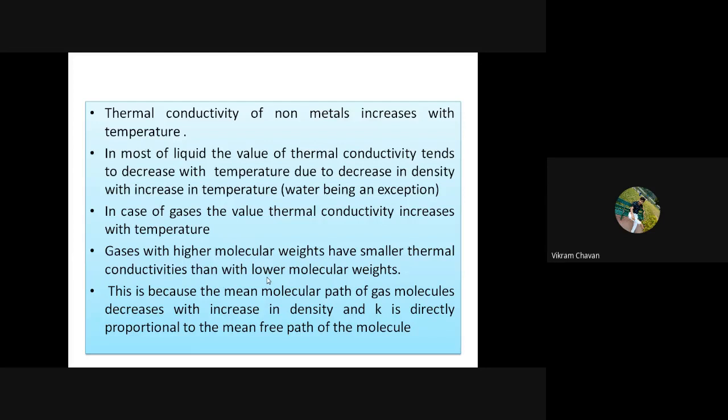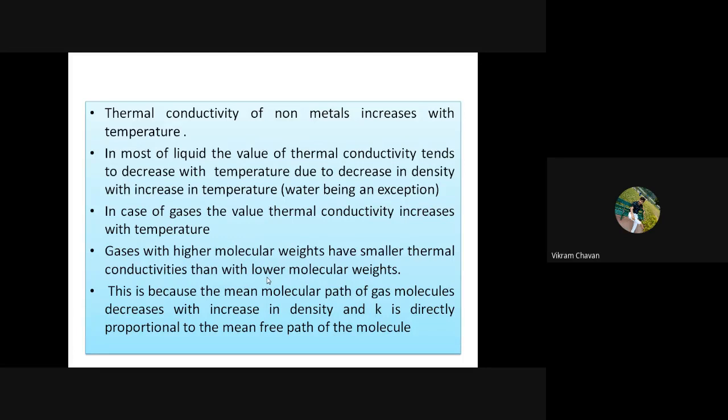And if the density decreases, the distance between two molecules increases, and due to that the heat transfer ability of liquid also decreases. Because of that we can say that the thermal conductivity of liquid decreases with increasing temperature.